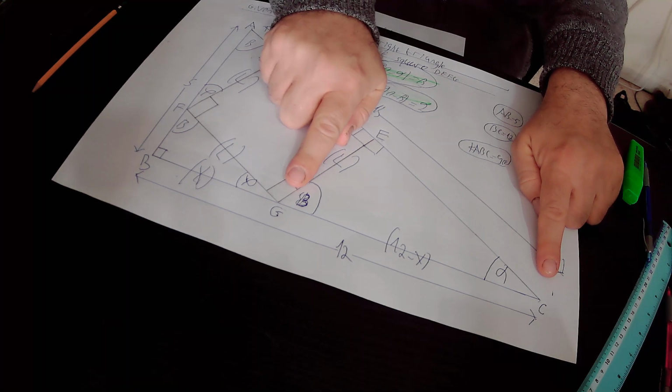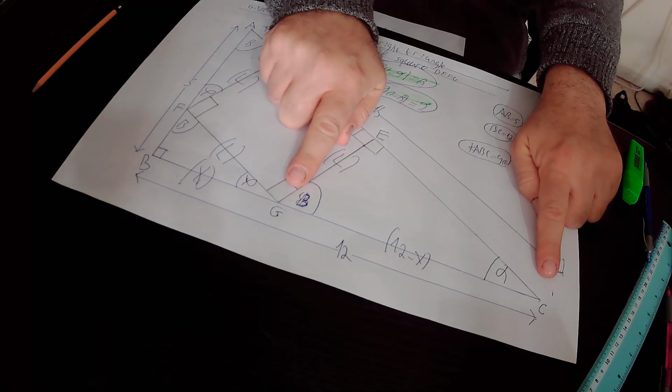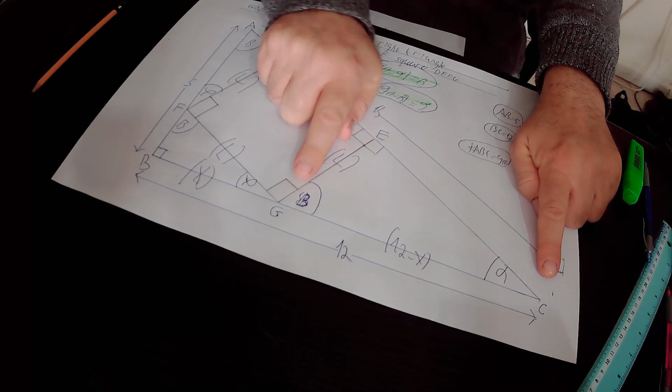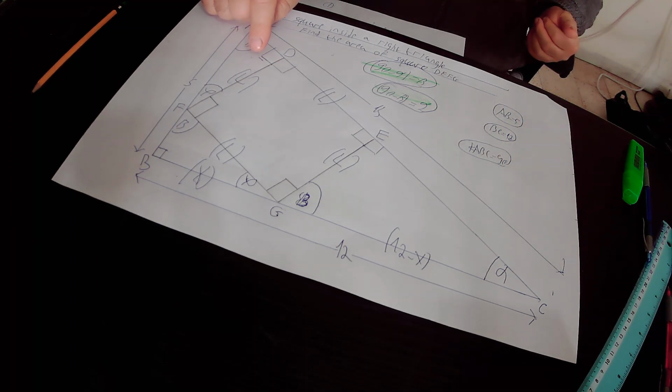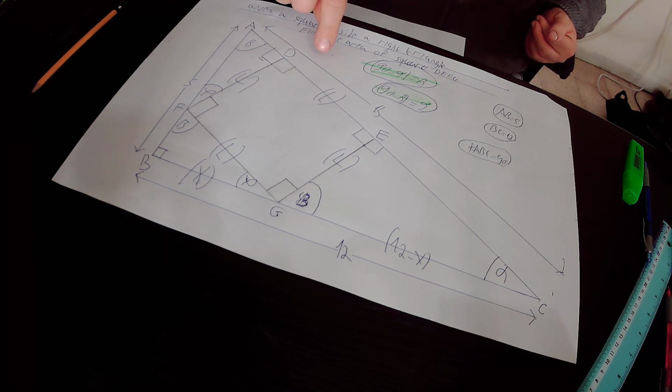So GC equals BC, that is 12, minus BG, that is X. So in total, GC equals 12 minus X. Okay, then we define the length of one side of this square DEFG as L. Therefore, DE equals L, EG equals L, DF equals L, and FG also equals L, because all the sides of any square are equal to each other.